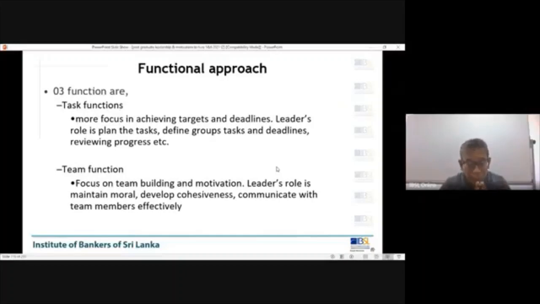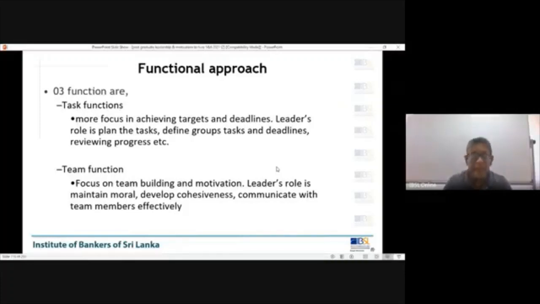So the leader's role here is to develop morale and cohesiveness. They explain to their subordinates the importance of working together and communicating with team members effectively. So we must have a better communications approach for this type of leadership, and that is group needs.